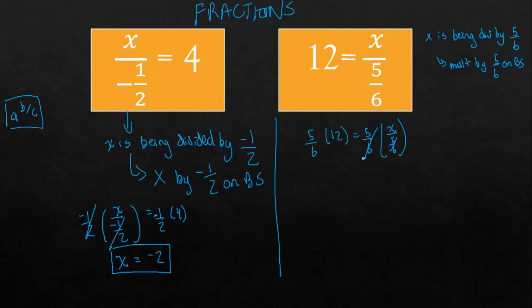That gets rid of this fraction. And then if you don't have the fraction button, you can go 5 times 12 in your calculator and then divide by 6. And that will give you a 10 is equal to x. Or you can use the fraction button, 5/6 times 12. And your answer is 10.